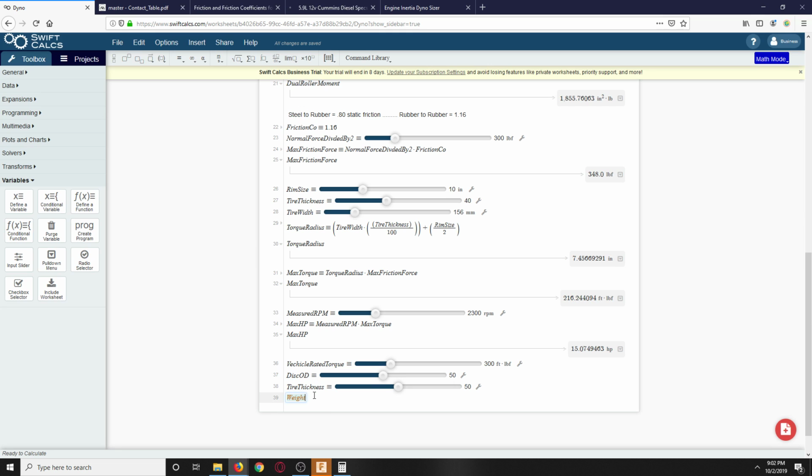Let's just say area disk equals pi times disk OD divided by 2, squared. And then it's undefined, man.